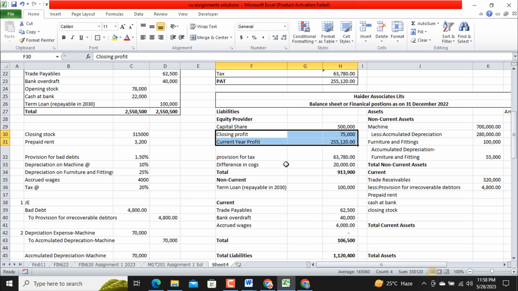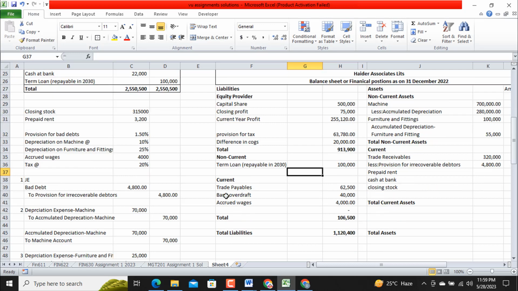By adding them, you will get 330,120 here. So provision for tax will come from the income statement, and the difference in COGS 20,000 will come from the adjustment entry that we made at the time of creating the adjusted cost of goods sold figure.